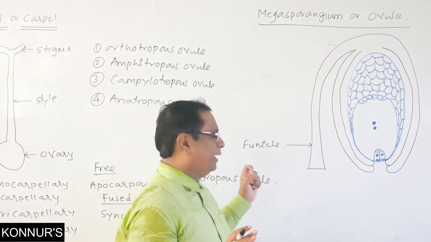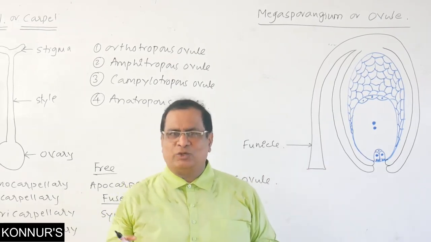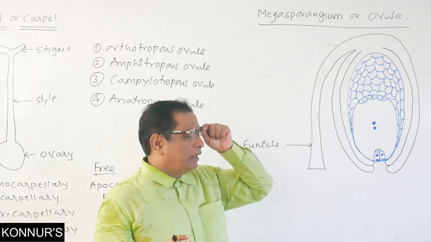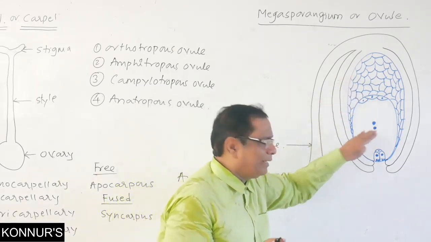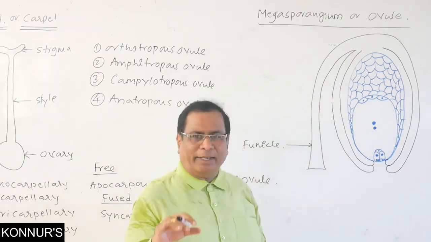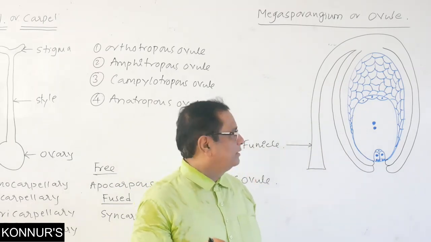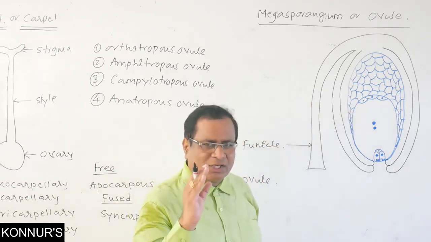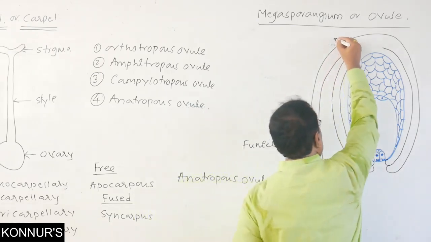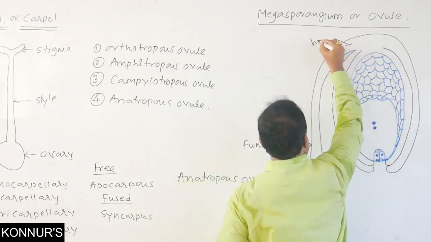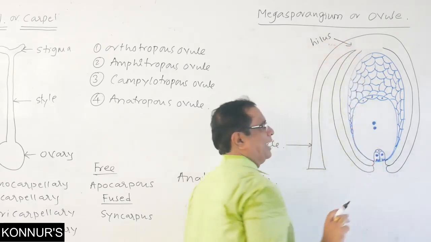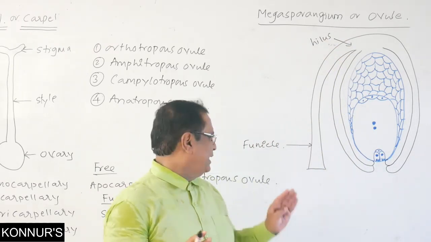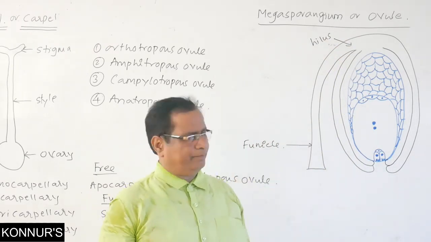With the help of the funicle, this ovule is attached to the placenta in ovarian tissue. Here, the ovule body is attached to the funicle. The place where the ovule body is attached to the funicle, that junction is said to be hilum.